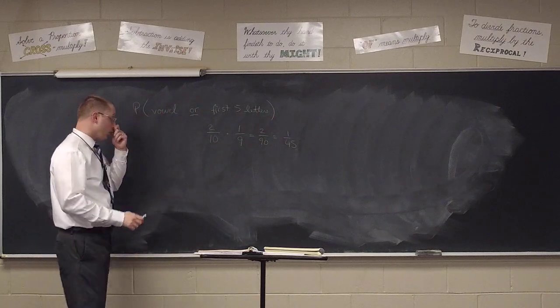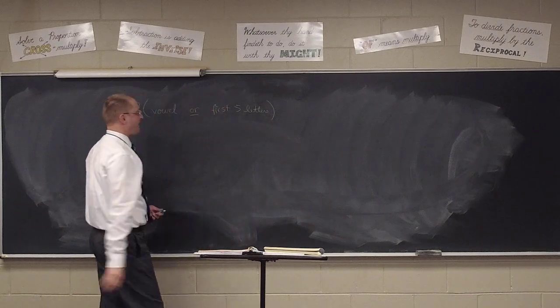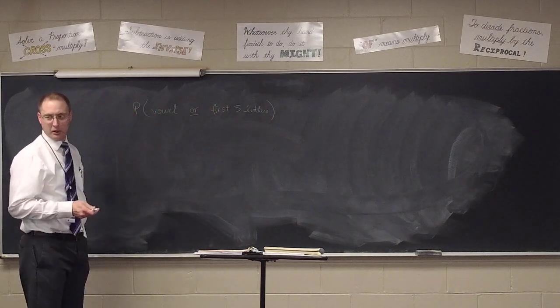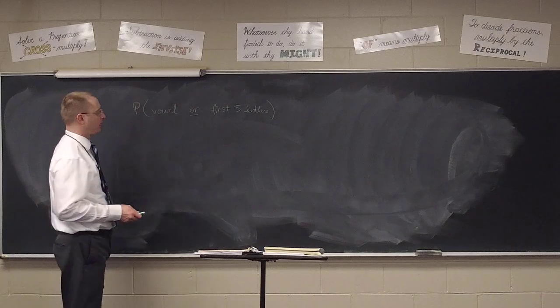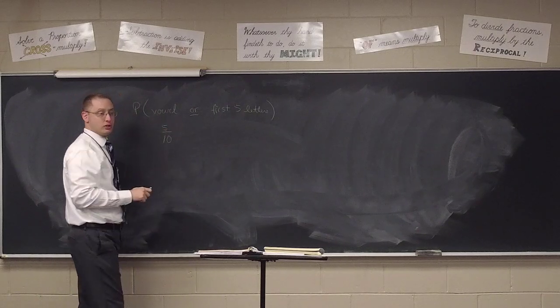Drawing a vowel or drawing one of the first 5 letters of the alphabet. Well, how many vowels are in the word bookkeeper? 5 out of 10. Or means we're going to add.